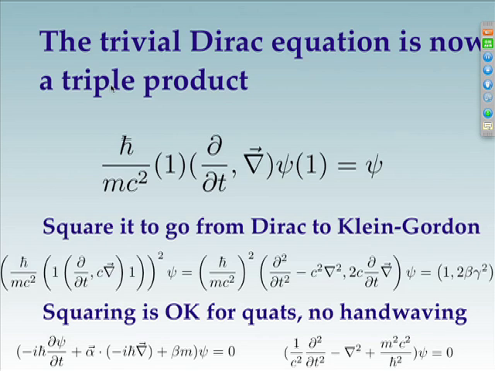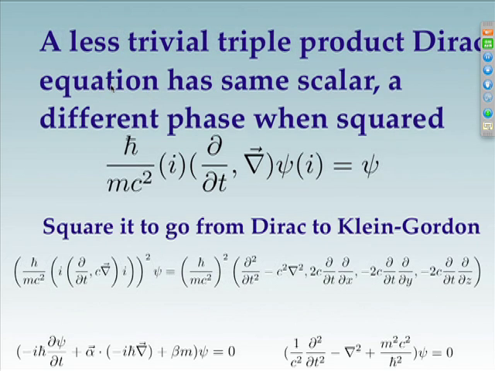But you say, you've got 16 others to work with, don't you? Yes. If I go ahead and do those, look at that, I actually get the same scalar, which is good. It's just that now the phase is different. And I don't read people working with phase directly. I haven't read that.